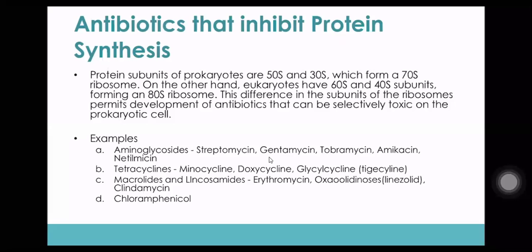Okay. This chloramphenicol is not widely used because of toxicity to bone marrow, which will result in aplastic anemia. Okay, when you say aplastic anemia, there is absence of red cell or blood cell component production.